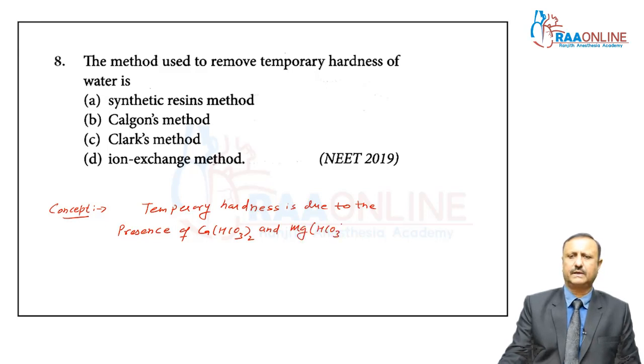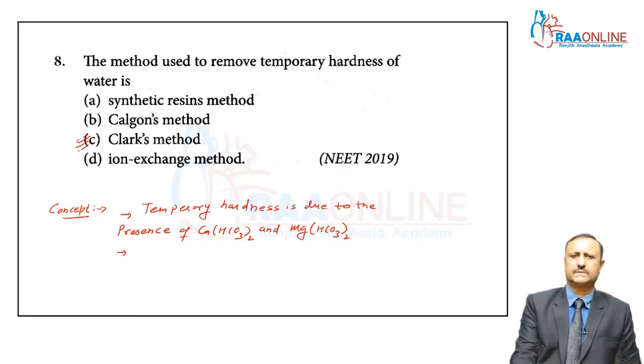These salts are present in water. So my dear students, temporary hardness is produced. Now this temporary hardness is removed by the Clark method. When you use this Clark method, this temporary hardness is removed.